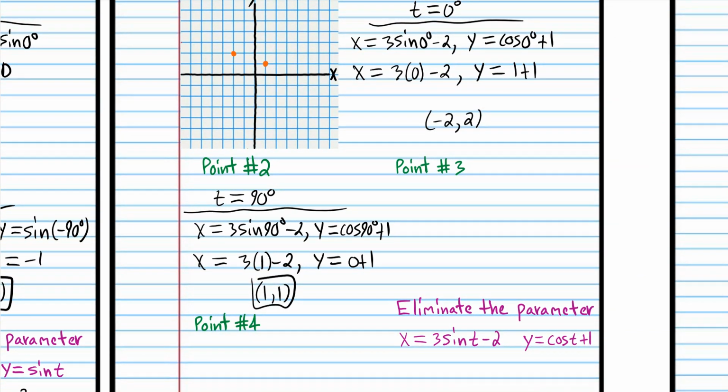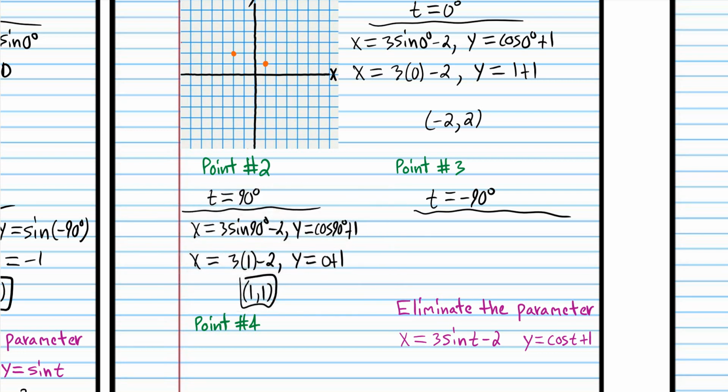Now let's try plugging in -90, and if the t value doesn't work, we can always try something else. So x is equal to 3 times sine -90 minus 2, and y is equal to cosine -90 plus 1.